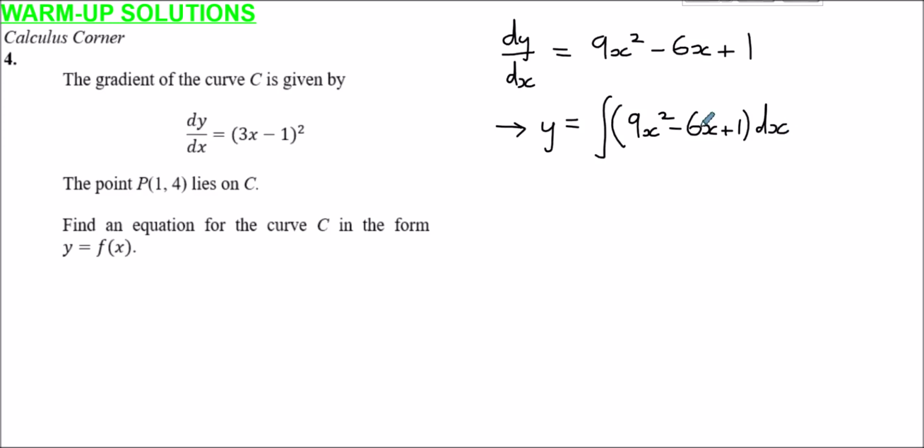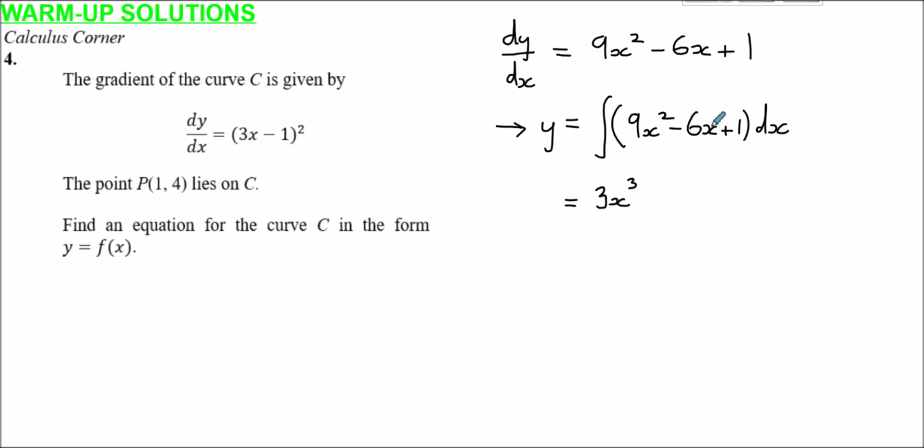with respect to x. So first of all, we do it piece by piece, so we do the first term first. We take the power of x squared, we increase it by 1, then divide through by the new power. So the new power will be 3, so it's going to be 9x cubed divided by 3, which will give us 3x cubed.